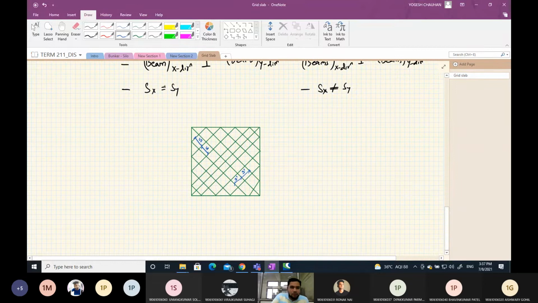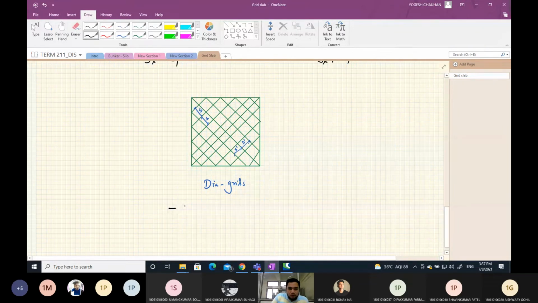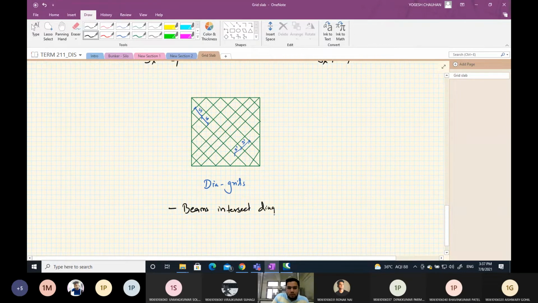Such type is called diagrid, and here the beams intersect diagonally.